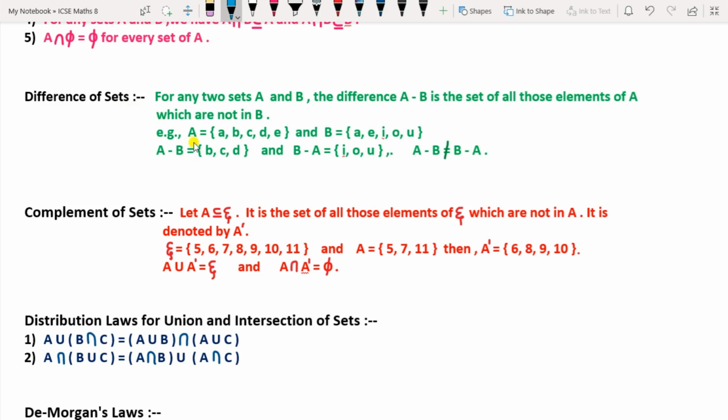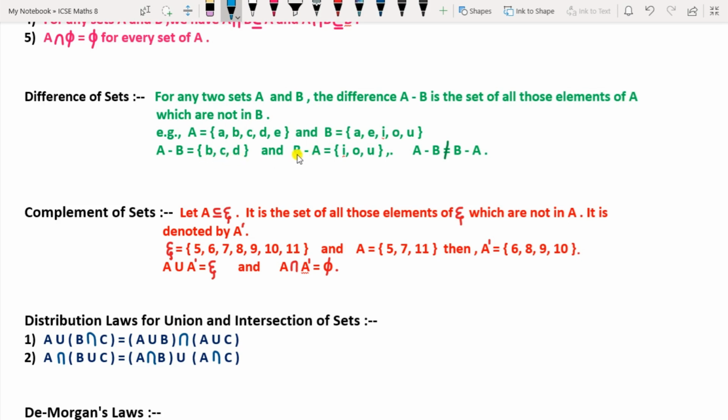For example, A is a, b, c, d, e and B is a, e, i, o, u. If you want to find A minus B, you have to write all the elements of A which are not in B, leaving the common ones. So you can see b, c, d are not present in B. So the answer will be b, c, d.